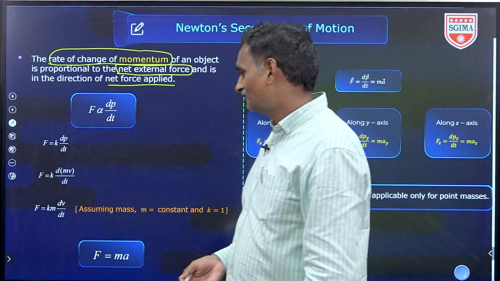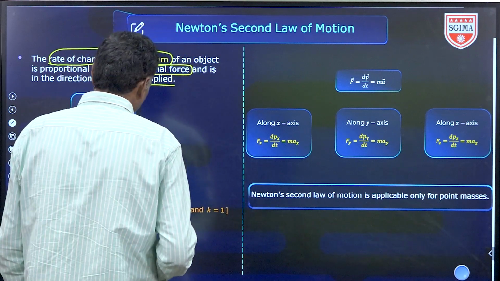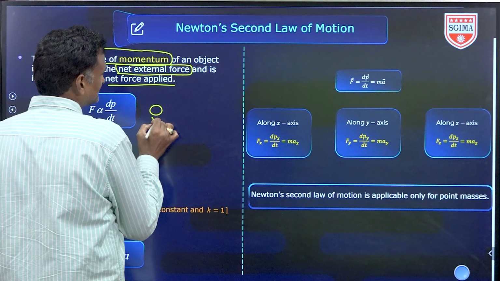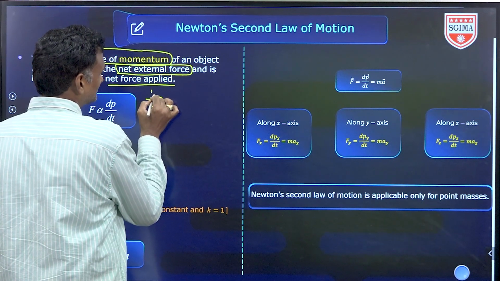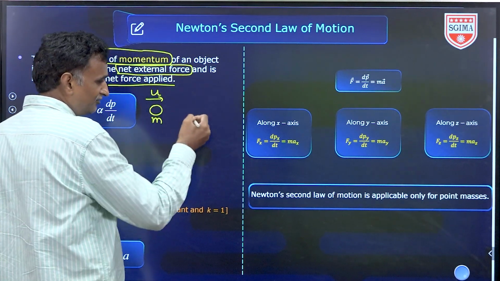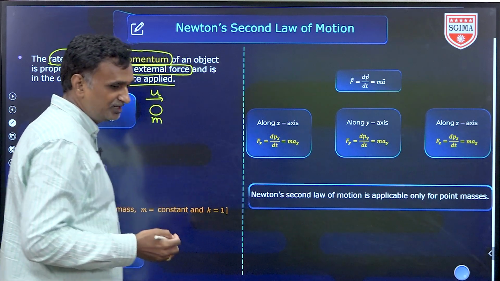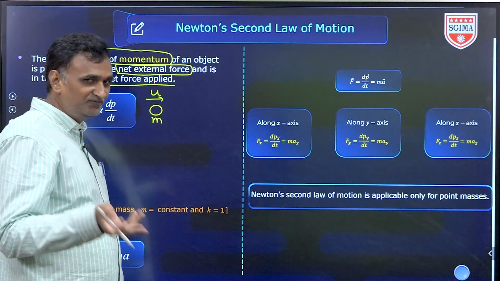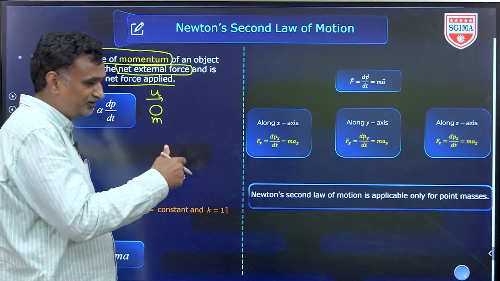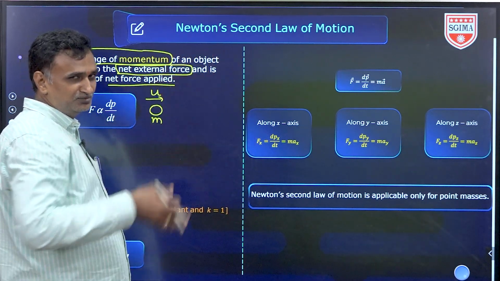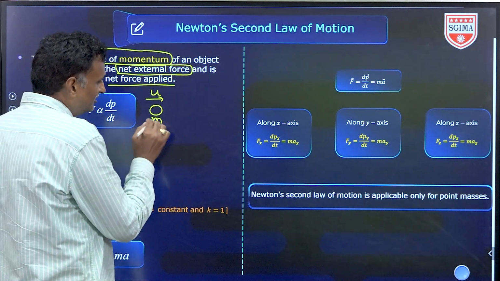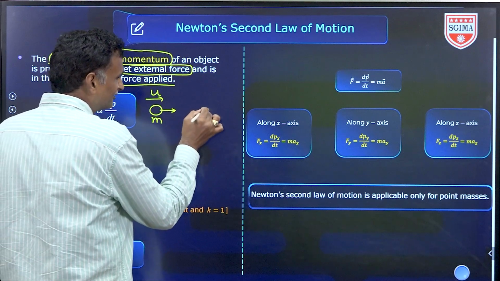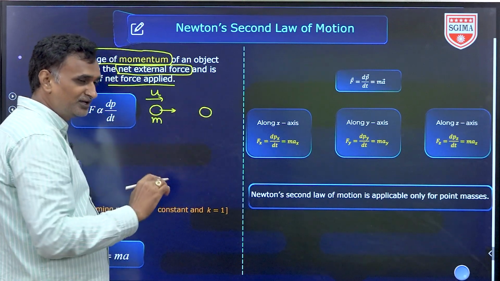Whatever the direction the force is applied, the momentum change will happen in the same direction. Now let us see one condition: a ball of mass m moving to the right with speed u. In the previous slide, a person was kicking the ball from rest. Suppose we kick this moving ball in the same direction of motion. Is there any chance it moves with greater speed?